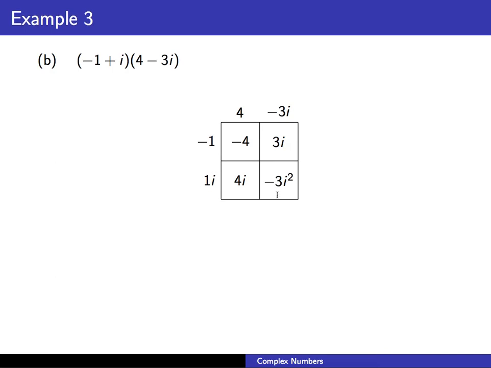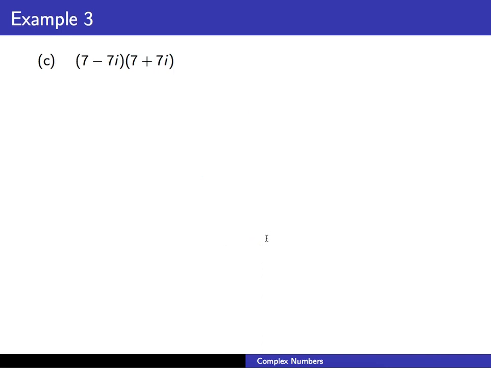Notice that when we have a number in front of i squared, like negative 3i squared in this case, it simplifies to the opposite of the number in front of the i squared. Now negative 4 plus 3 is negative 1, and 4i plus 3i gives us 7i. So our answer for 3b is negative 1 plus 7i.